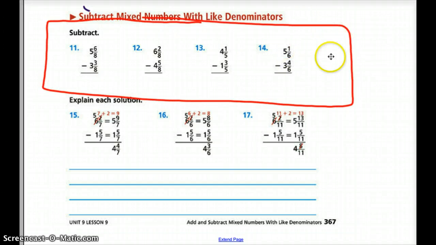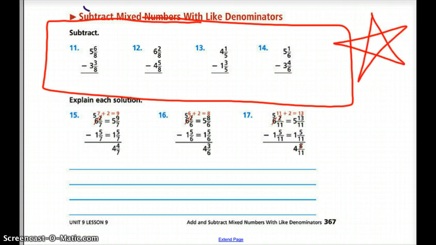If you need another scratch piece of paper so that you have enough room, go ahead and grab it. When you're finished with these 4, raise your hand for a star. And then we're moving on to some extra problems just like yesterday.